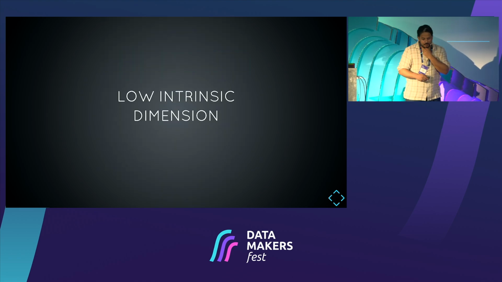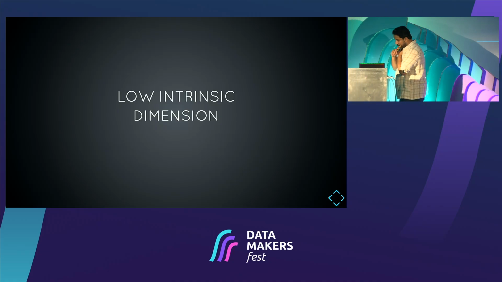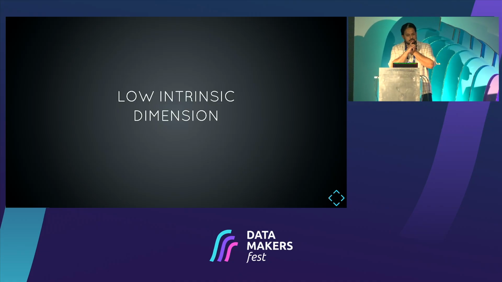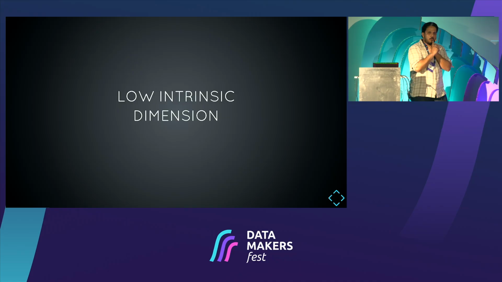Then what people figured out is that I can fine-tune the same model and get the exact same performance with a very small set of new parameters. So something is happening. They figured out that deep neural networks have low intrinsic dimension.